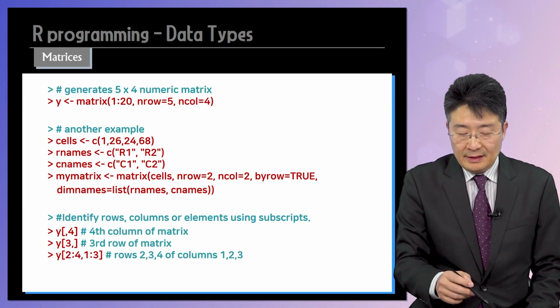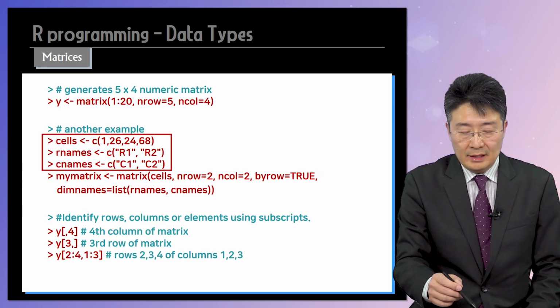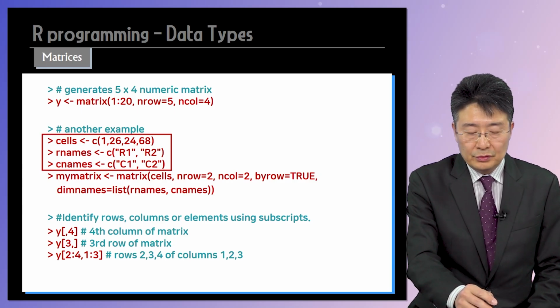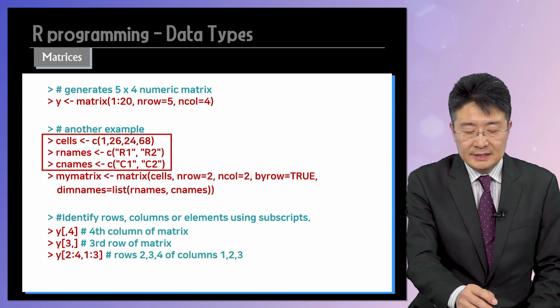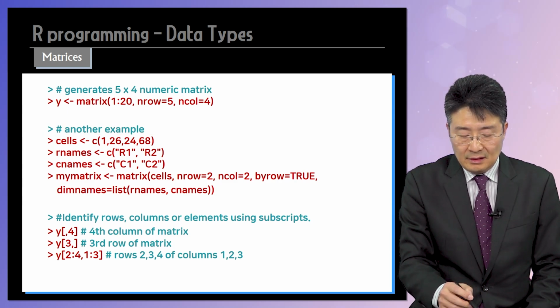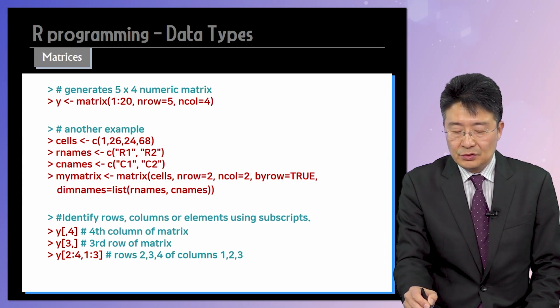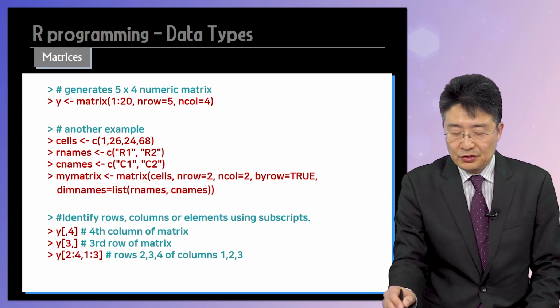Then we can decide the options in here. We can put row names and decide the column names. Then we can identify rows, columns, or elements using subscripts.